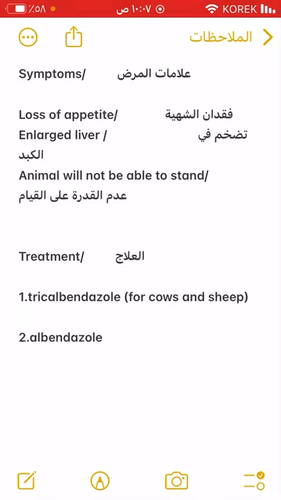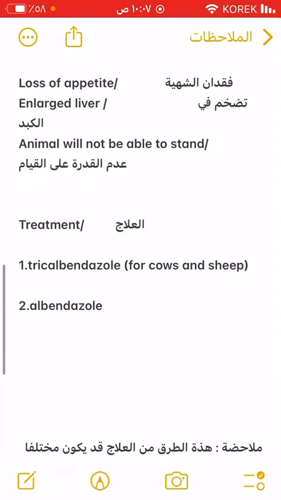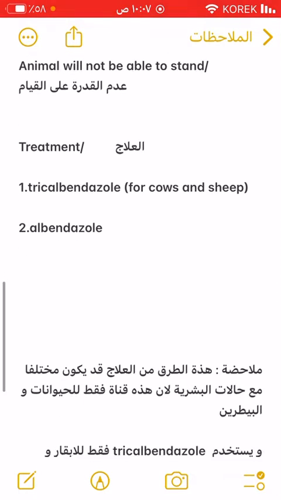So in Fasciola hepatica, we have treatments. The treatments are triclabendazole for cows and sheep only. Be careful. You can't use triclabendazole for other animals. And albendazole, you can use for mixed animals. Even albendazole sometimes may be used in pets in some cases. Actually, I'm not working with pets mostly.